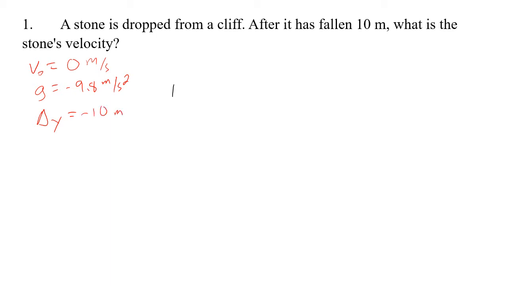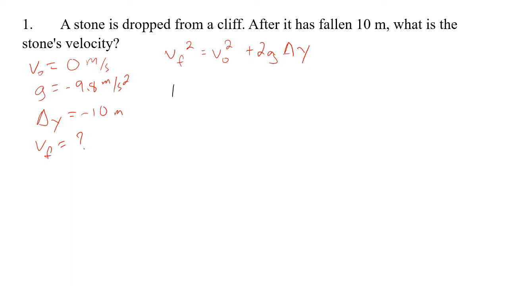And what are we looking for in this problem? VF. So what equation are we going to use? Yep. So use VF squared equals VO squared plus 2g delta y.